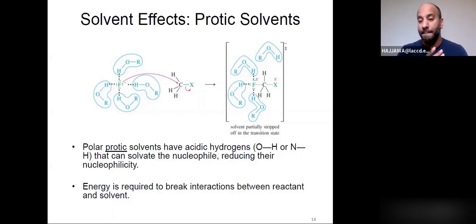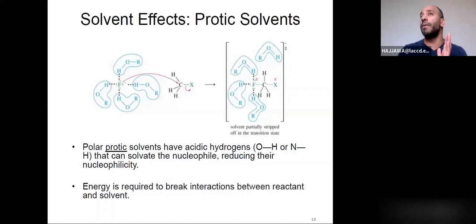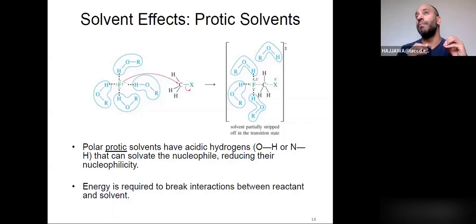So every single time I have an SN1 reaction, I prefer to use polar protic solvents, so that I can easily ionize the C-X bond to push the formation of the carbocation plus X minus. And that's the importance of the presence of polar protic solvents in SN1 reactions.